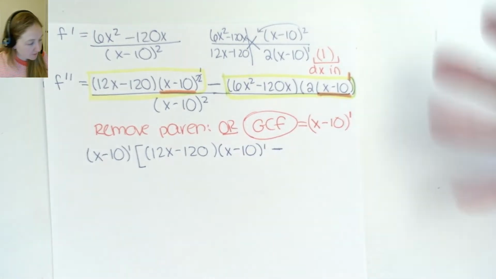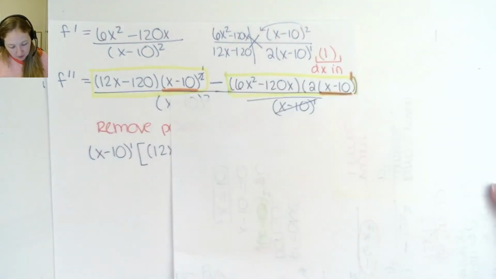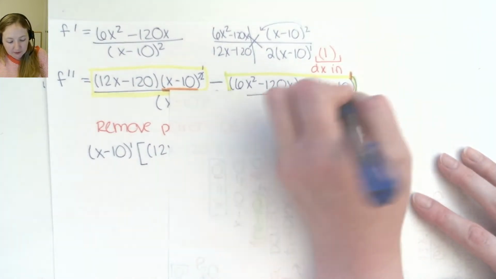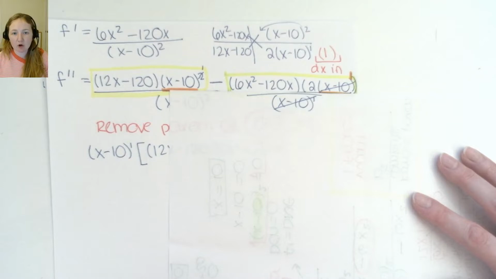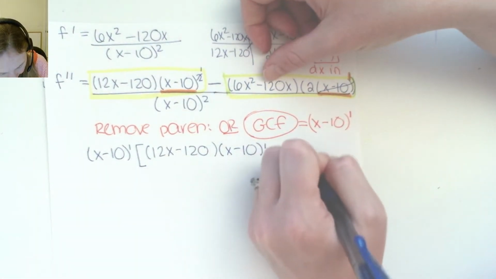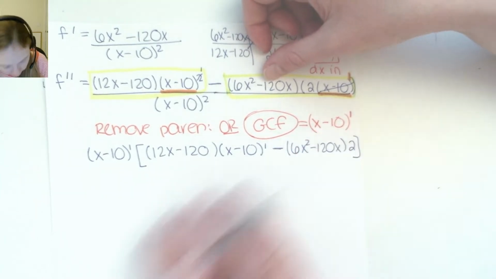All right, then the same thing would go for the second term. I would divide the second term by x minus 10, the GCF that I'm proposing, and then that x minus 10 would cross out. So I would end up with just 6x squared minus 120x times 2.